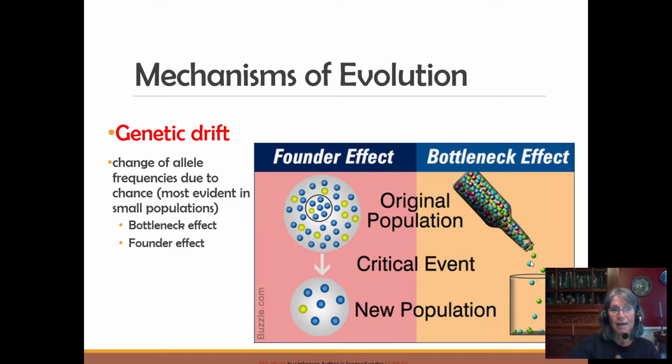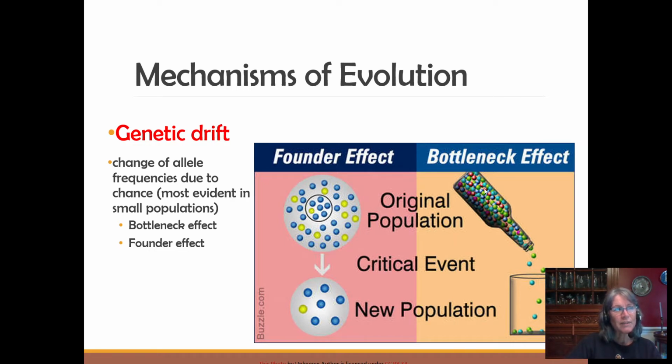There are only a few survivors that go on to reproduce, and their genetic makeup is different. The percentage of alleles in that population differs from the original population, and so all subsequent offspring have a limited allele pool to pick from.